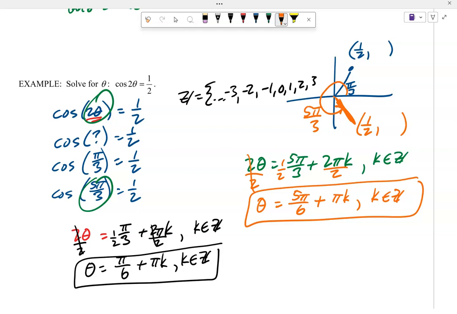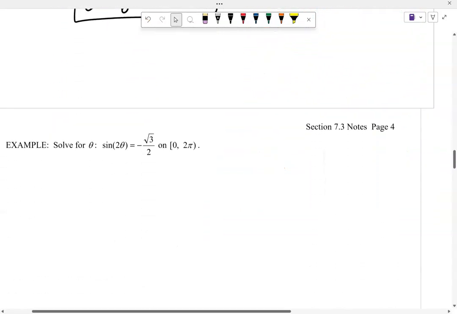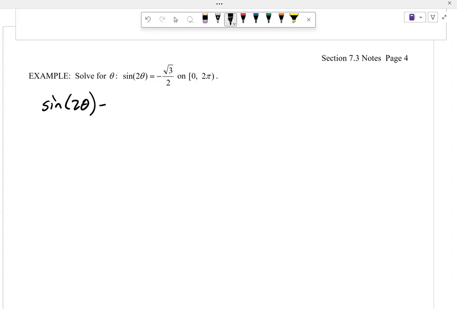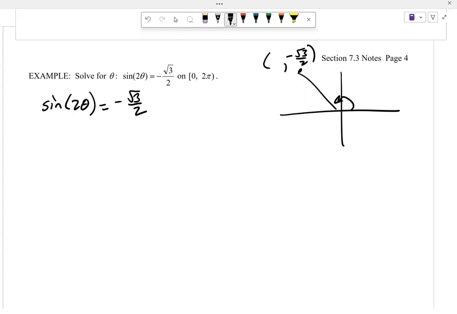Okay, and let's do some more here with another double angle. Sine of 2 theta equals -√3/2. And so I'm looking at my unit circle, and I want to know where my sine is -√3/2. So I'm like, oh, let's see, that'd be 2 pi thirds.